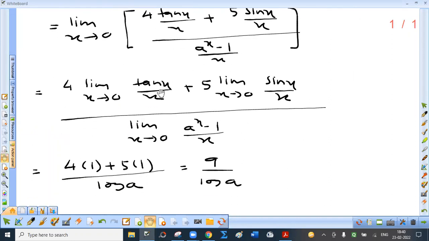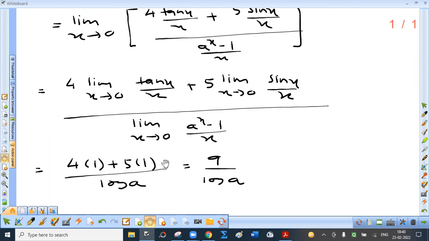So this is 4 into 1 plus 5 into 1 upon log a. So 9 upon log a is nothing but the left hand limit. So clearly, what is the value of a? It must be 2, but we will not write that at present. We'll obtain the right hand limit also, then we'll find the values.